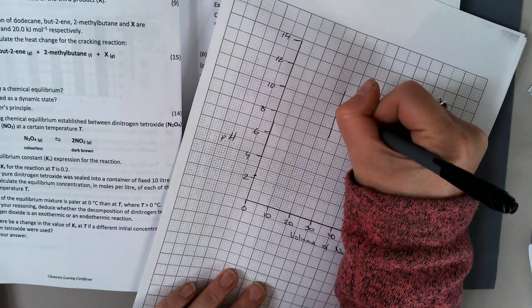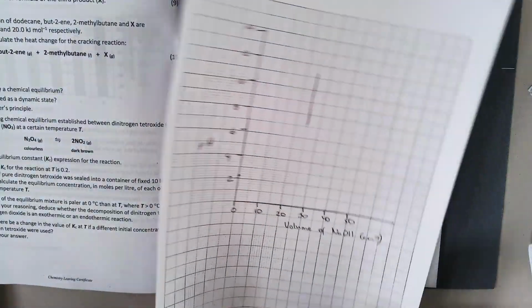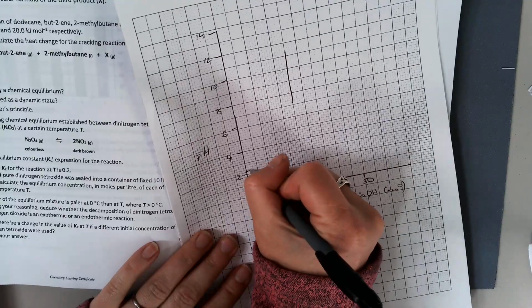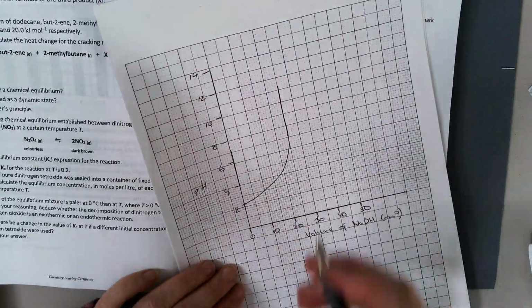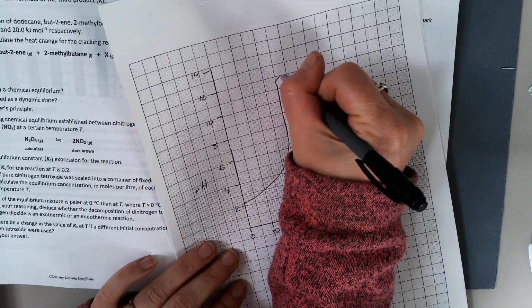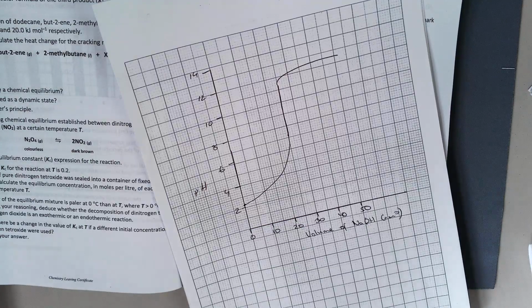So that's the next thing I'm going to draw. And then after that, we're just going to draw the curve up to it. And again, you don't really need to be very exact on that. And finally then, we're just going to draw a curve off of it. Okay, so that is what you're drawing.